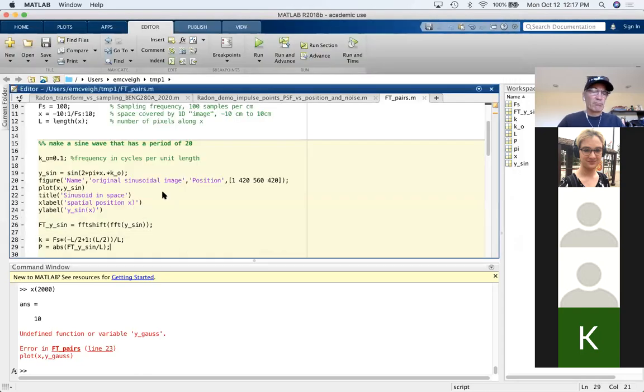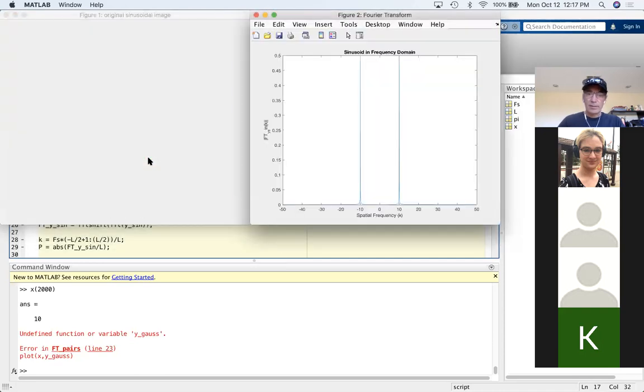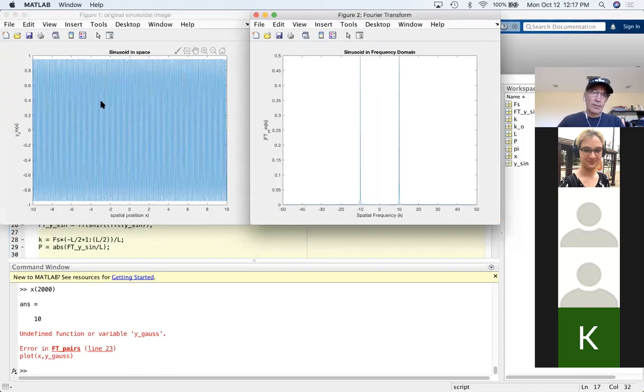If I change my spatial frequency to 10, now I have a sine wave that has many more cycles in it. When I take its Fourier transform, I get 2 peaks here and here.